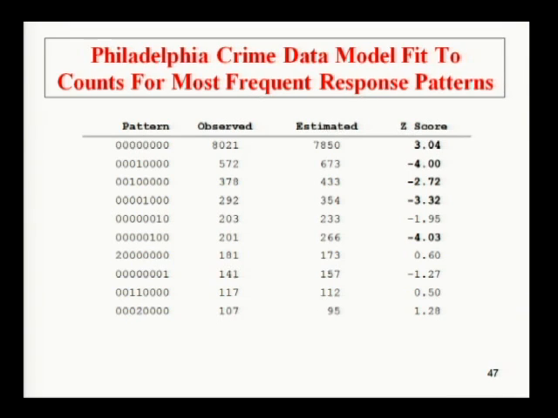And for the response pattern 0, 0, 0, 1, and that would be 10, 12, 14, 16, so somebody who had a police contact at 16 only, which is the peak in the picture that we saw, we're going to overestimate. So we only observed 572, but the model's going to estimate 673.